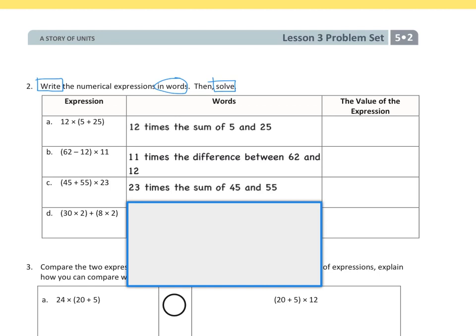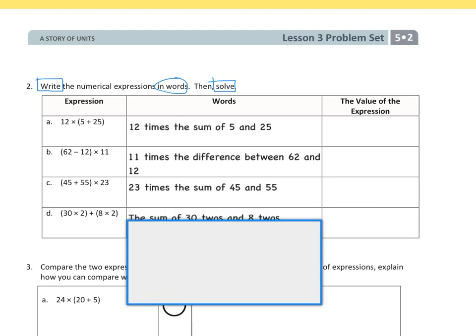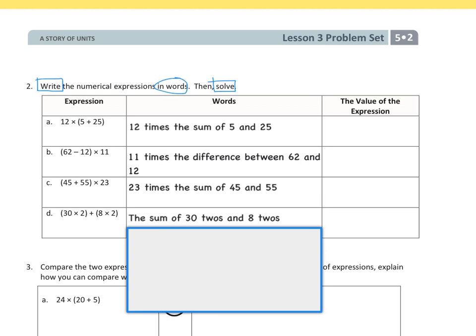So to write that out in words, we're going to say the sum of 30 2's, not 32, but 30 2's and 8 2's. This represents, in word form, the sum of 30 2's and 8 2's as 30 times 2 in parentheses plus 8 times 2 in parentheses.